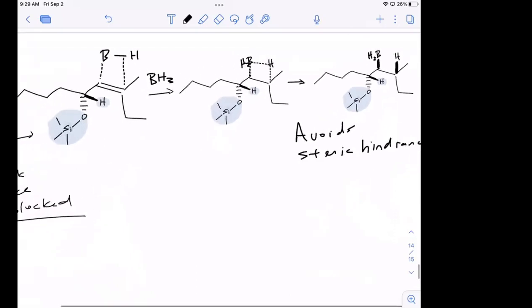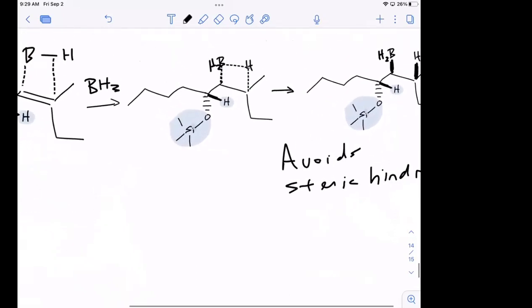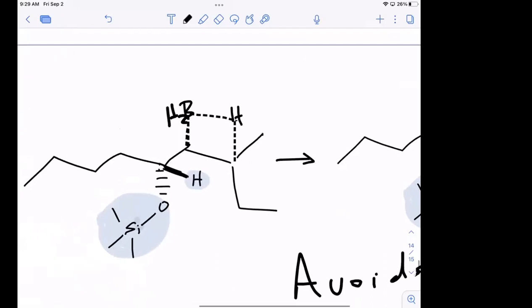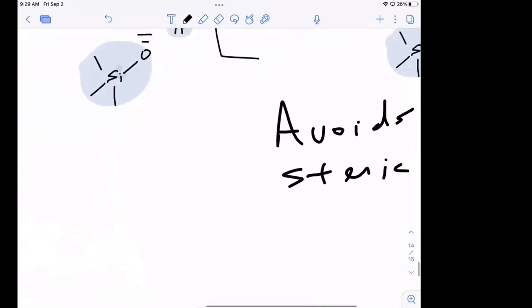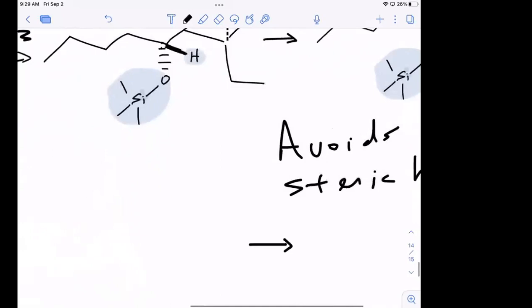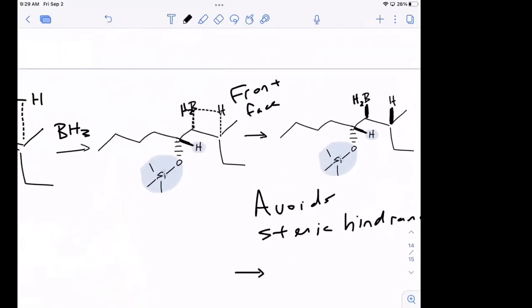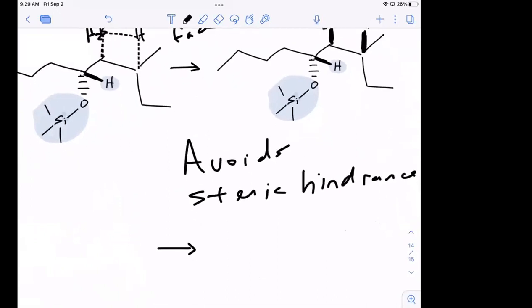Now, what about the other pathway? Because this is occurring on the front face. By the same token, if I go through a similar transition state for boron attacking from the back face, my intermediate is going to look like, let's paste it in again.